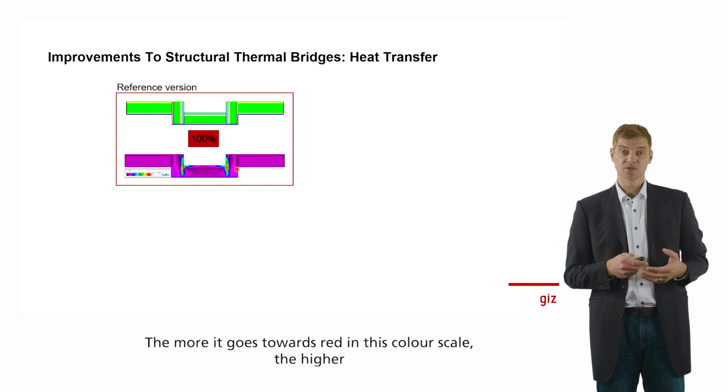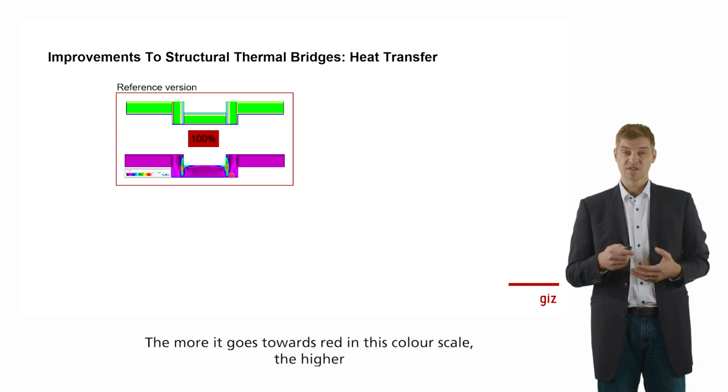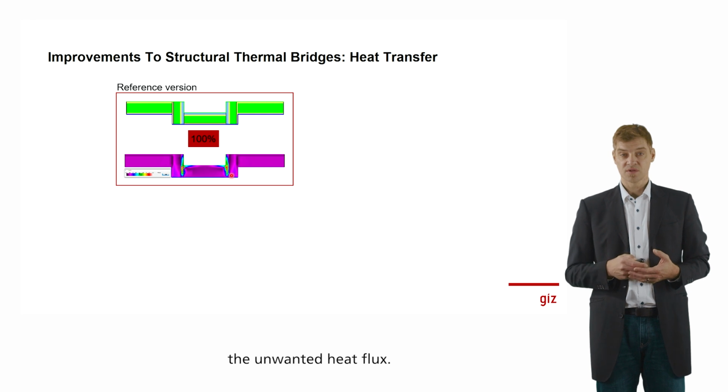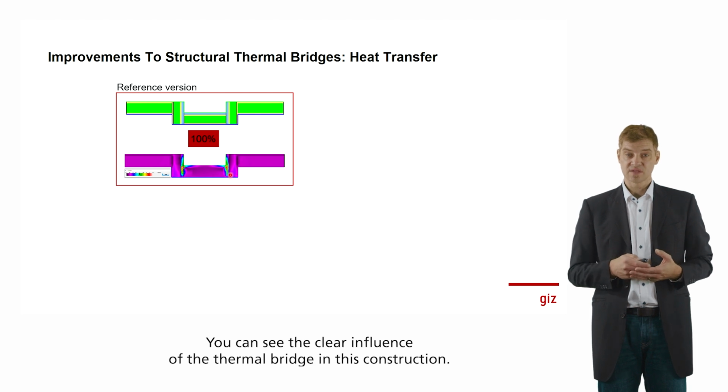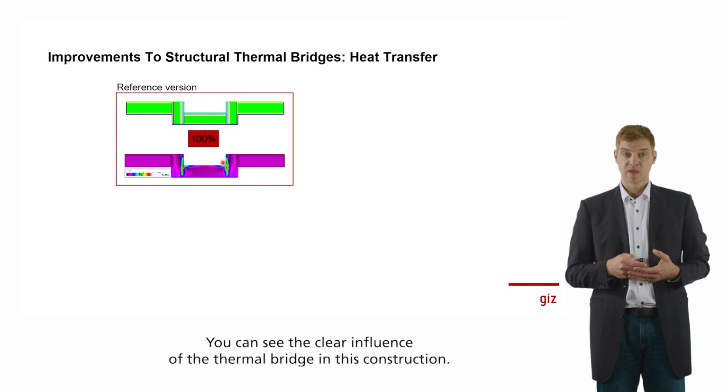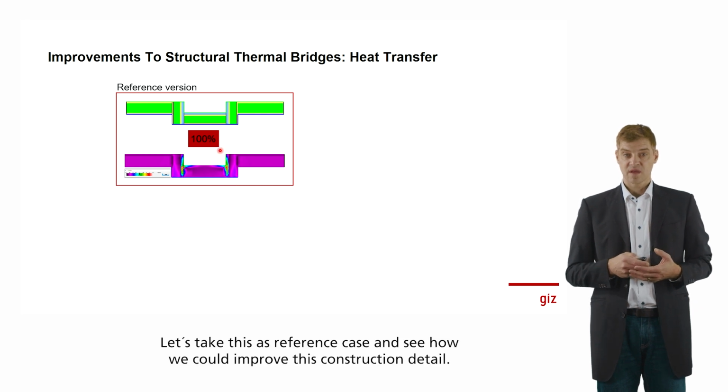The more it goes toward the red in this color scale, the higher the unwanted heat flux is. You can see the clear influence of the thermal bridge in this construction. Let's take this as a reference case and see how we could improve this construction in detail.